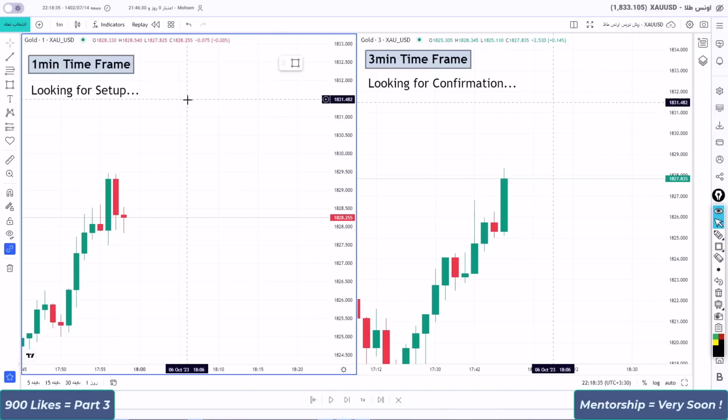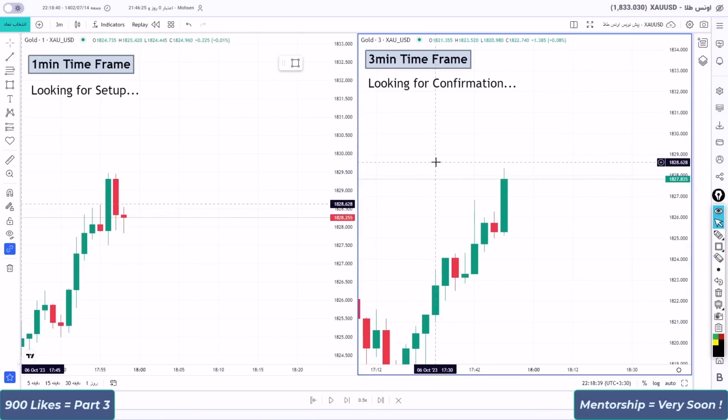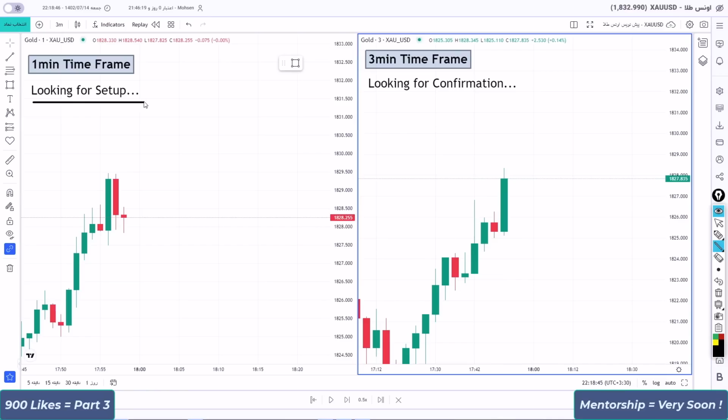The only thing that matters is this is the 1 minute time frame and this is the 3 minute time frame. As you'll remember, we will look for the setup at the 1 minute time frame, and then we will look for confirmation, which is an engulfing pattern, at the higher time frame, which in this case is the 3 minute time frame.